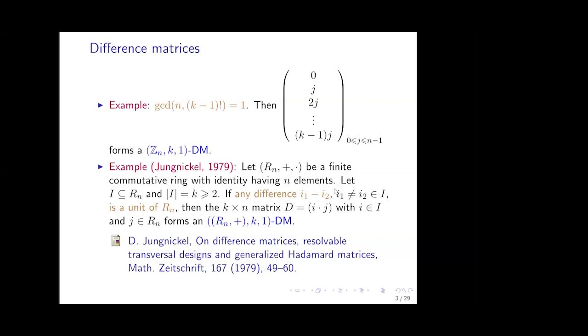Just like I talked about in my last lecture, many kinds of designs can be constructed from difference families. And actually, this kind of design, transversal design, can also be constructed from relative difference families.